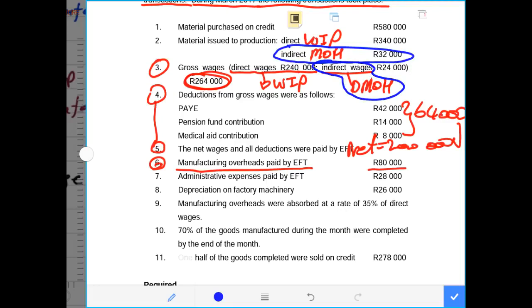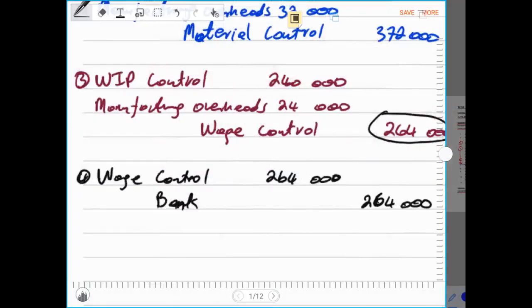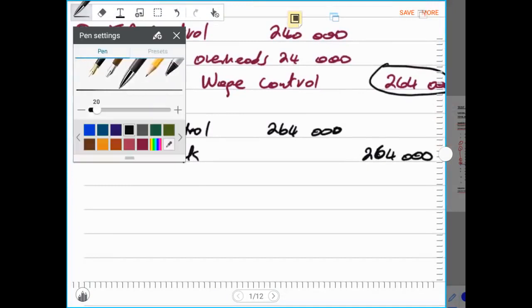So now we can see that manufacturing overhead was increased by 32,000 rands, and also increased by 24,000 rands on the debit side. And once again, under number 6, there is another manufacturing overheads of 80,000 rands that was paid by the EFT. So now manufacturing overheads is once again increasing on the debit side by the amount of 80,000 rands.